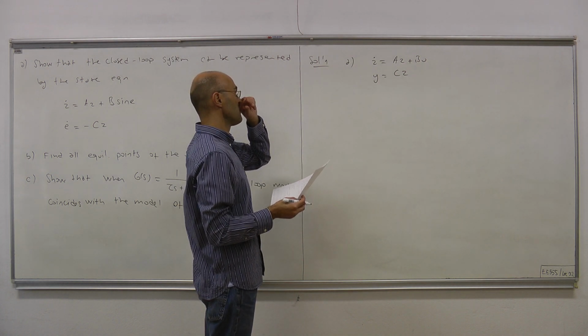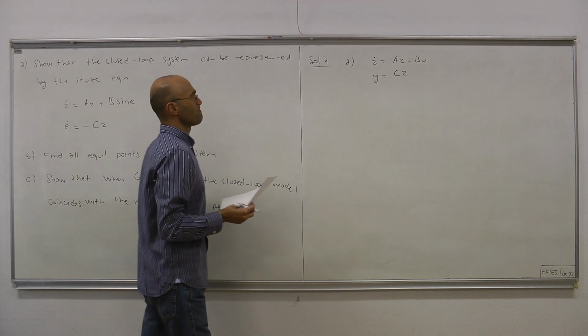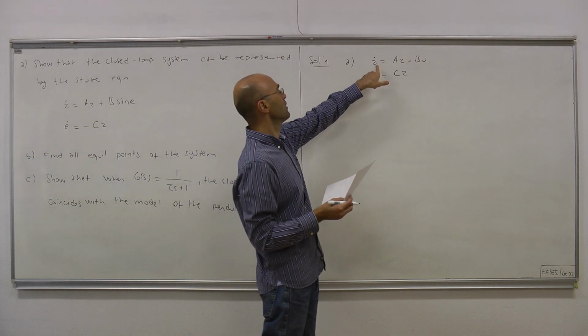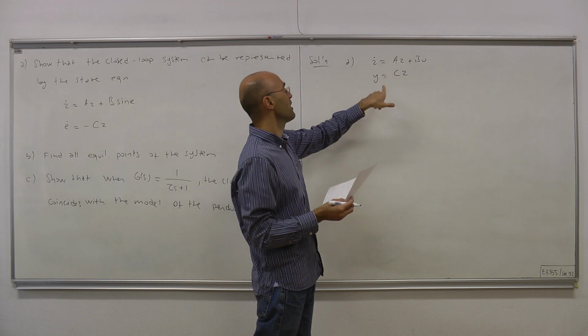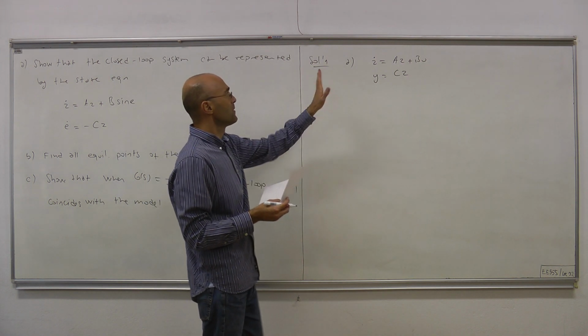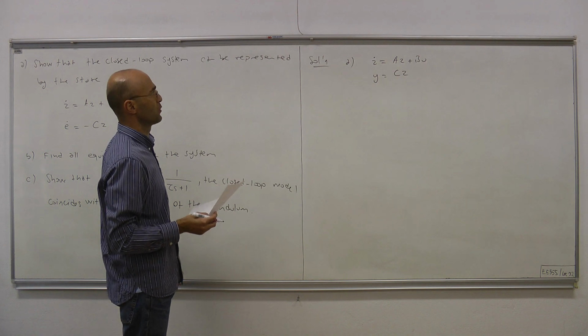This is a minimal realization. Okay, therefore it's both controllable and observable. And at this point, we don't make any assumptions on the order of the system. Okay, what we know is that y is a scalar, u is a scalar, but z could be a vector of any dimension for part A.